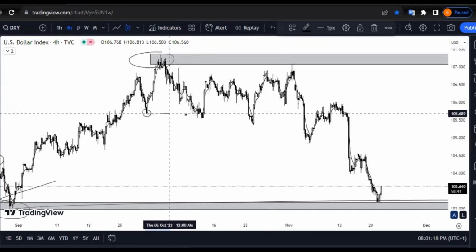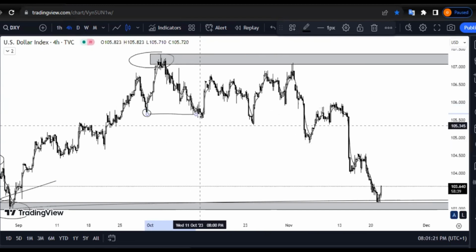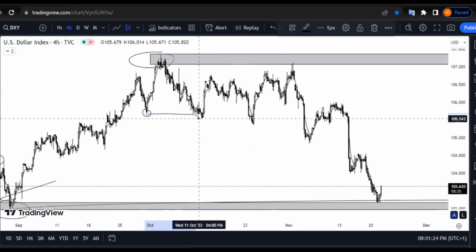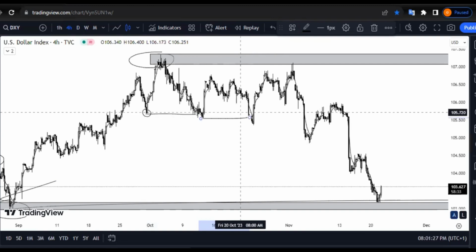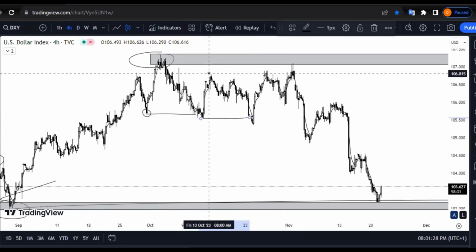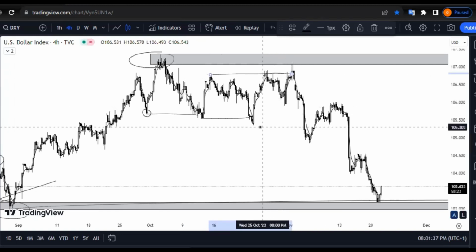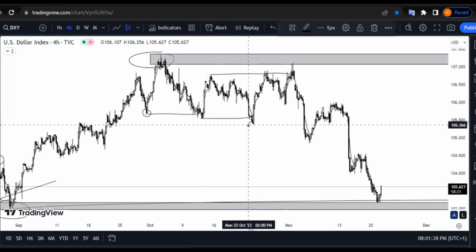Then structure broke this, and we had a correction. Then another impulse coming to the downside. Then we now had the market taking out the previous structure. All right. So we had this impulse to the upside.